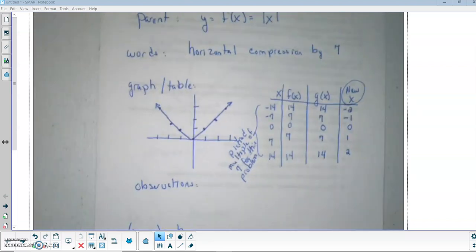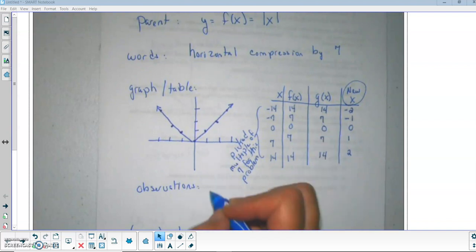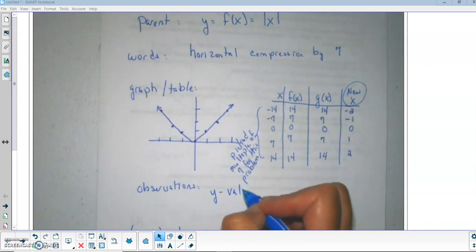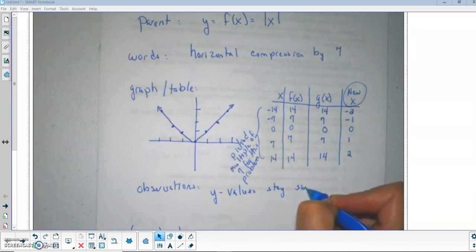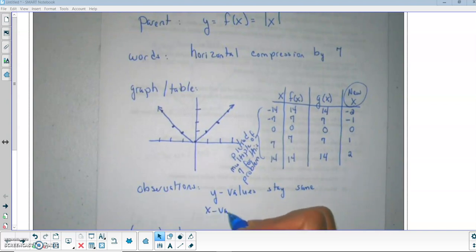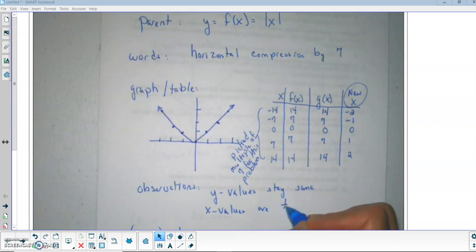So what are my observations? My observations are my y values stayed the same, and the x values are 1/7 of the original x values.